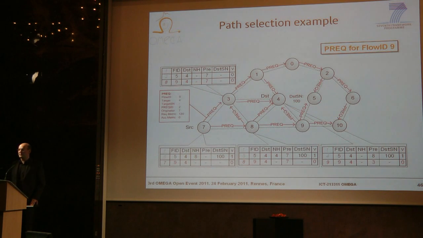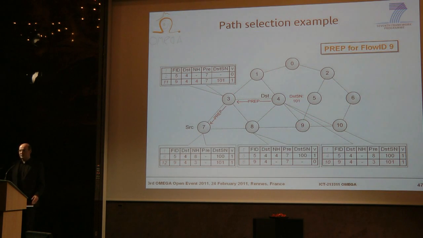So we want to set up another flow, which is flow ID 9. And of course, again, the network is flooded. And maybe for this, another path could be used. This is the example, for example, if we want to set up two parallel multimedia streams, and the one stream does not fit into the path which has been selected before.